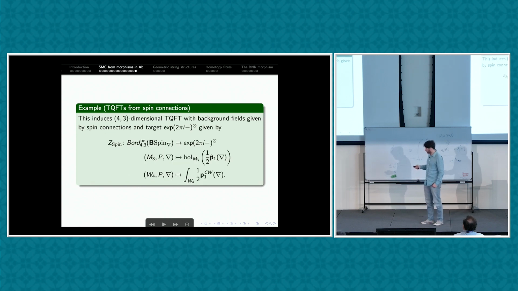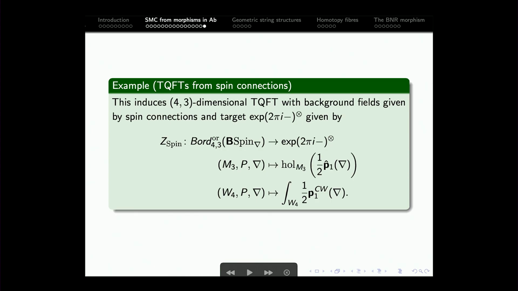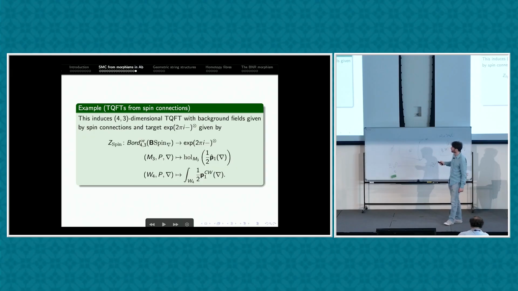Okay, so if I start now with target spin bundles with connection, and I consider oriented three-manifolds with values here. So from spin bundles with connections, I can go to this symmetric monoidal category here, and the maps are the following.